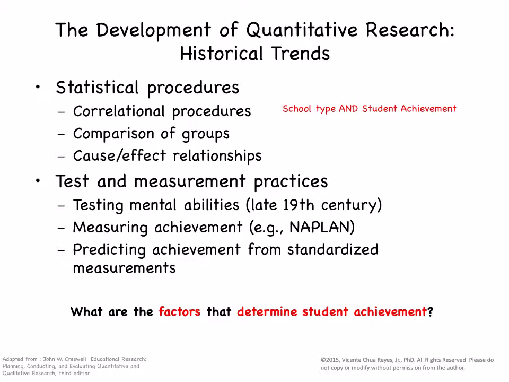If we take a look at comparison of groups, an example of this would be, again, looking at student achievement differences between different types of races. If we take a look at cause and effect relationships, an example of this would be teacher factors being the cause determining student achievement, in this particular example taking the position of effects.